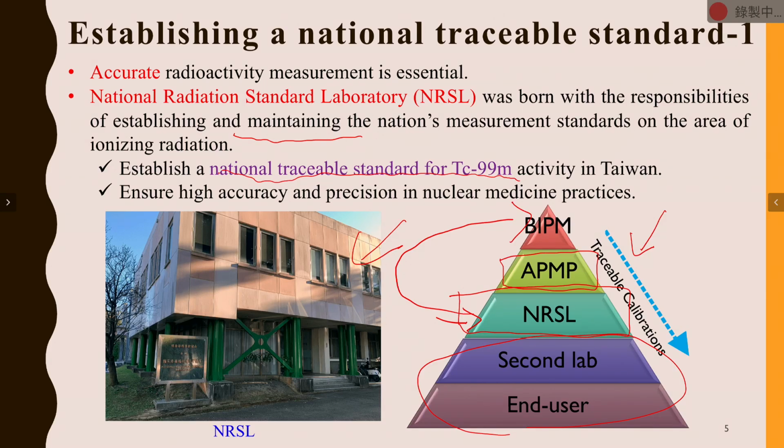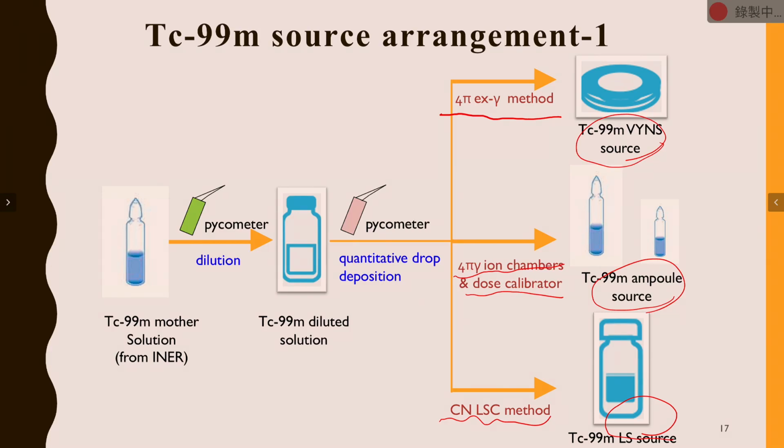BIPM. Yes, so we provide standard services to the various laboratories in the country. Anyone have questions? Yeah. I want to ask what's the different usage of these 3 types of source? 3 types.